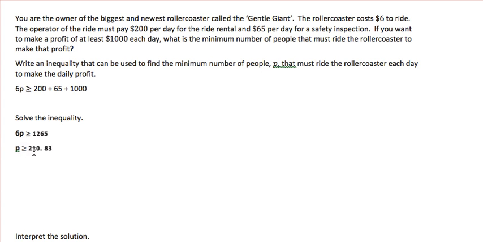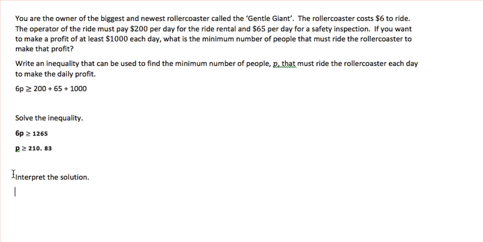P needs to be greater than or equal to 210 and 83 hundredths repeating. But we do need to interpret that solution because we should be completely aware that there's no possibility of 0.83 people riding.